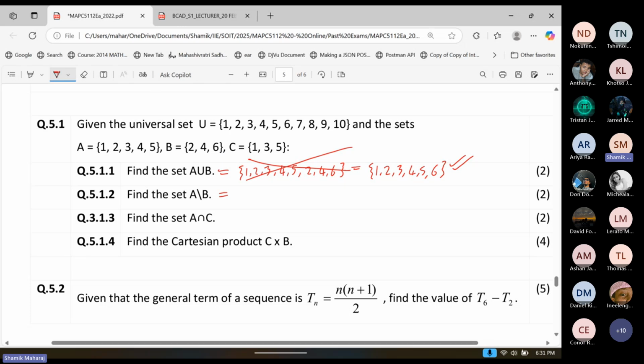I recommend not showing the step I'm about to write like this, but let me start by writing A, 1, 2, 3, 4, 5. And I'm going to say minus, but I'm going to put quotes around it because it's not really minus. You don't subtract in set theory, but minus B, which is 2, 4, 6. So again, if you're using this step, maybe write it on the side or something, but don't let it be a part of your main thing.